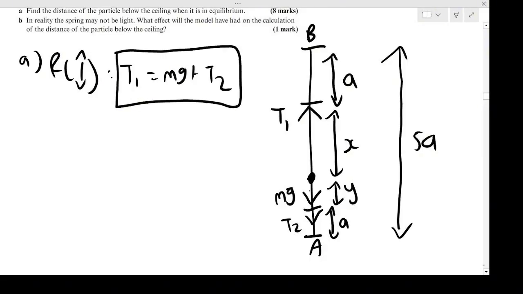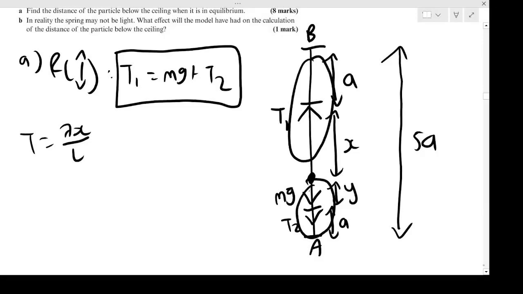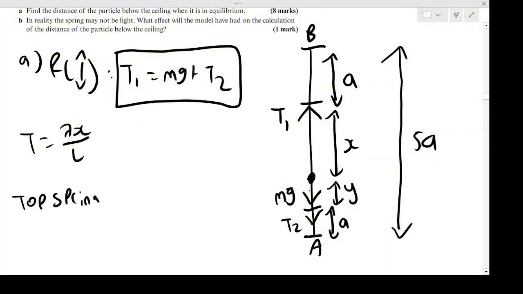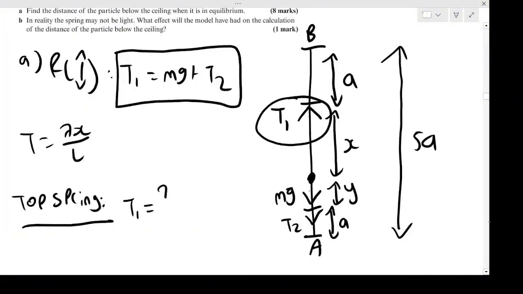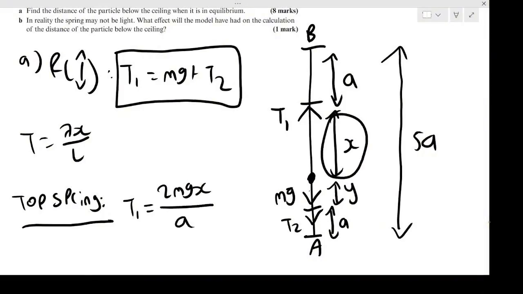Then we can also use Hooke's law, and we can use Hooke's law for the top string and the bottom string separately, just like the last example. So firstly, for the top spring, the force is T1 at the top. The modulus of elasticity is 2mg times the extension, which for the top part is x, divided by the natural length a.